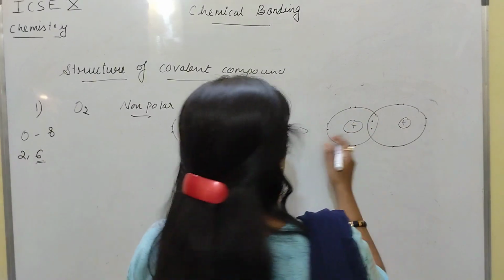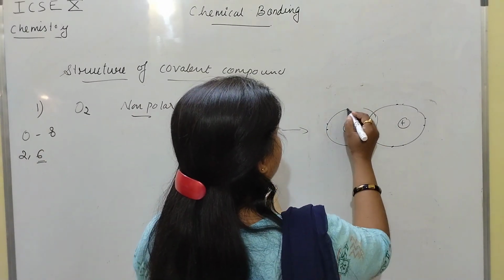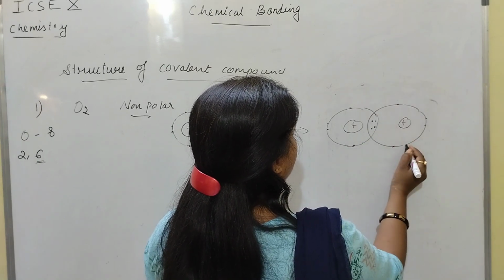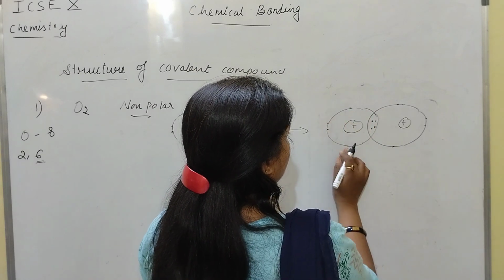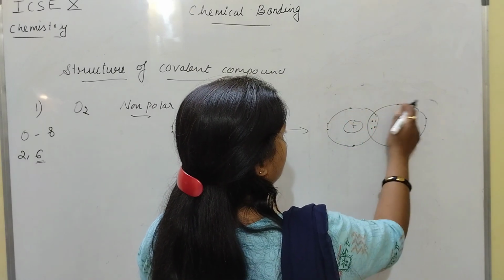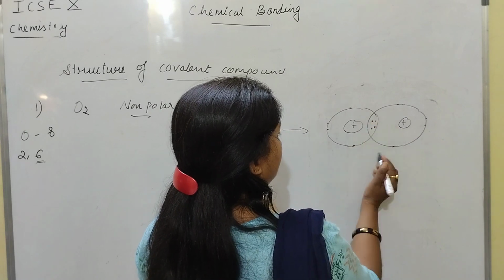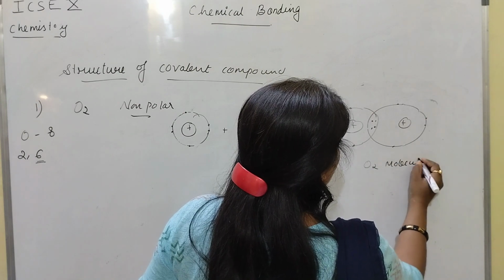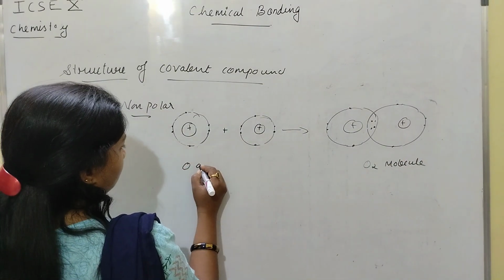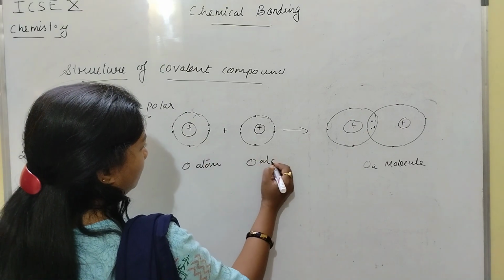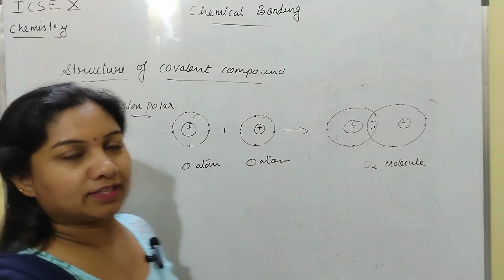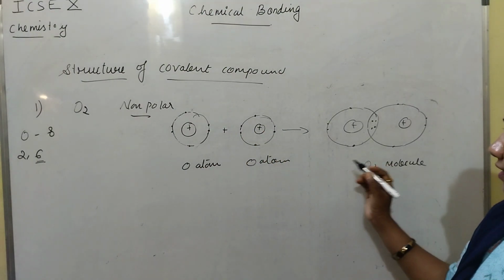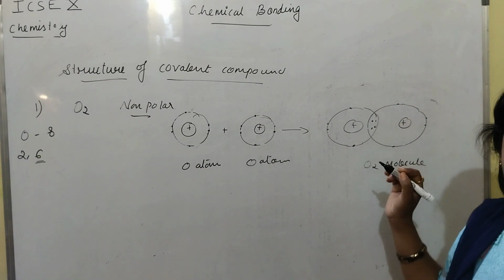After sharing, 1, 2, 3, 4, 5, 6, 7, 8. So the oxygen molecule is an example of a double covalent bond compound, because you can see two pairs of electrons sharing is taking place.